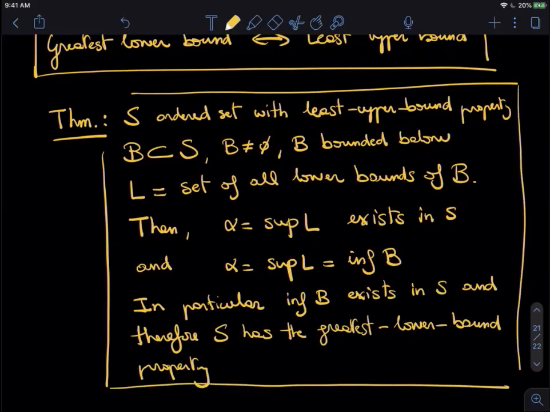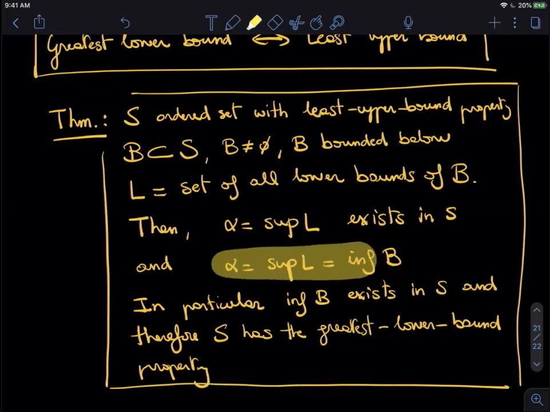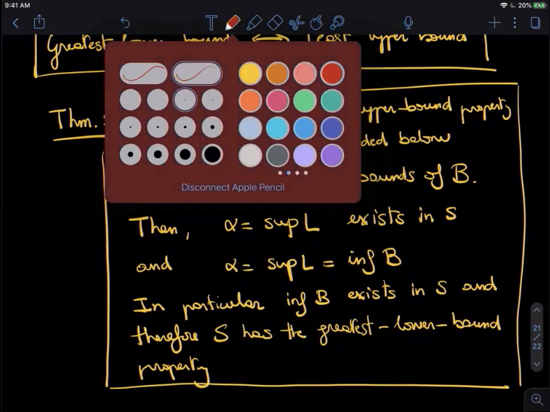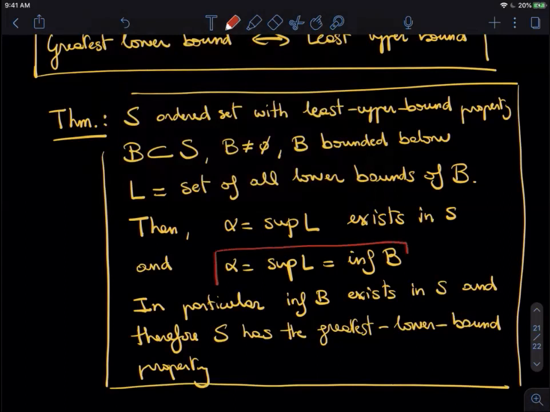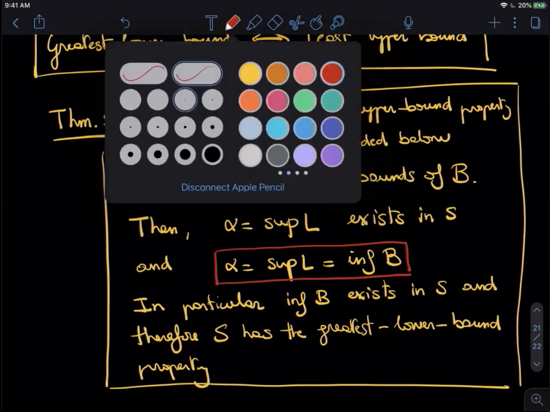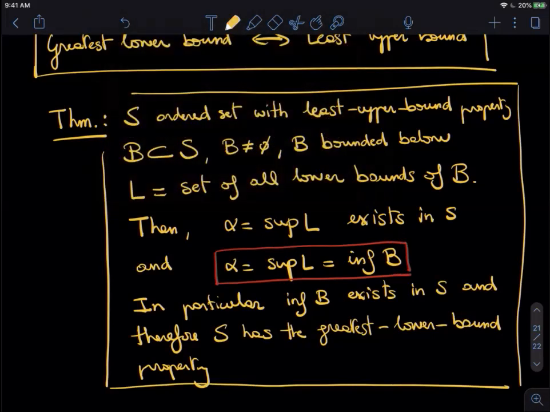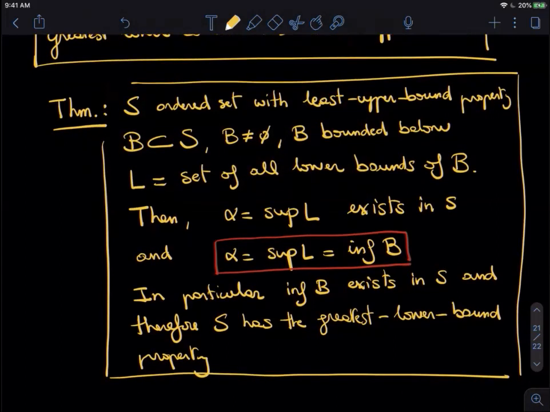So this is the key point, maybe the most mysterious. So there is a relation between that supremum of L and the infimum of B. And because we are able to show that the supremum of L exists in S, then so does the infimum of B. And that is the definition of S having the greatest lower bounds property.